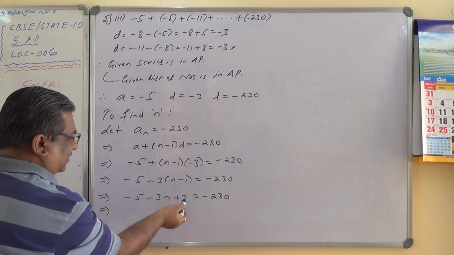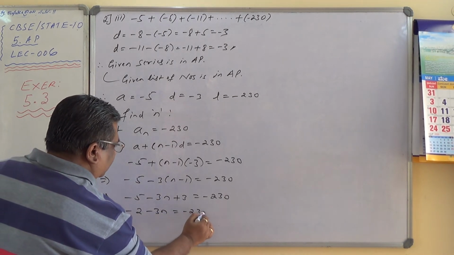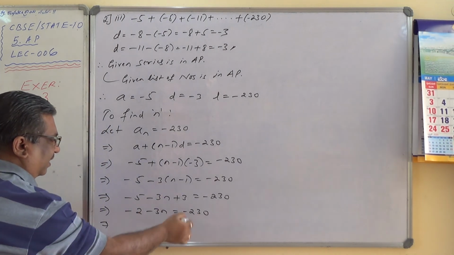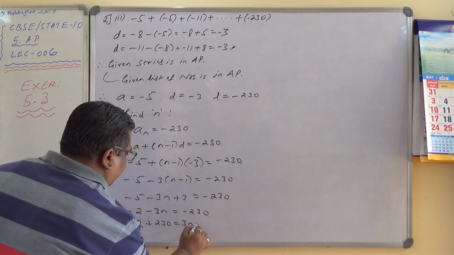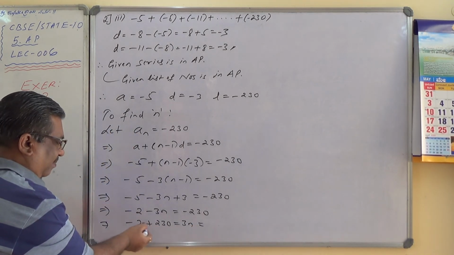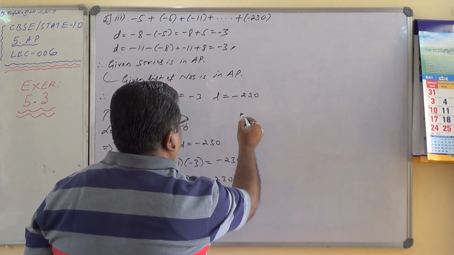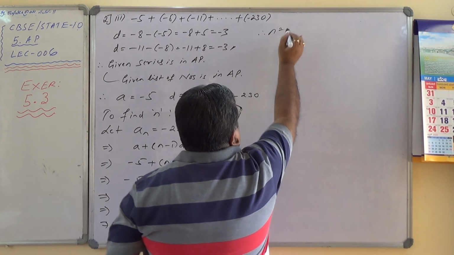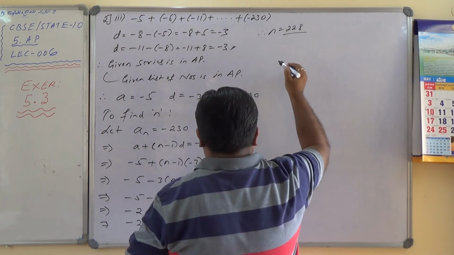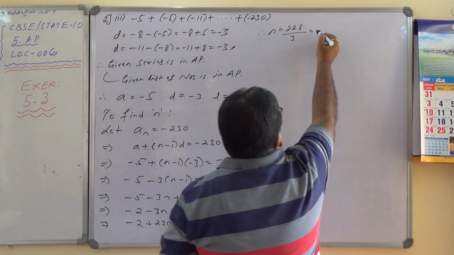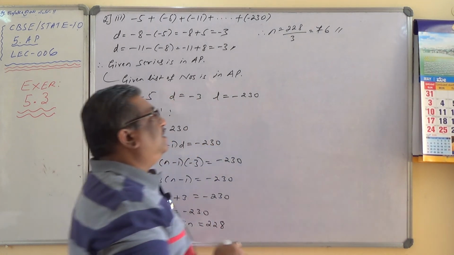So minus 2 minus 3n equals minus 230, which implies taking 3n to that side, minus 2 plus 230 equals 3n, which equals 228. Therefore n equals 228 divided by 3, which equals 76. Therefore n is equal to 76.